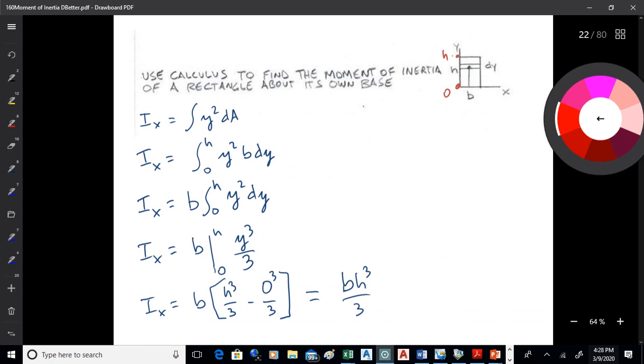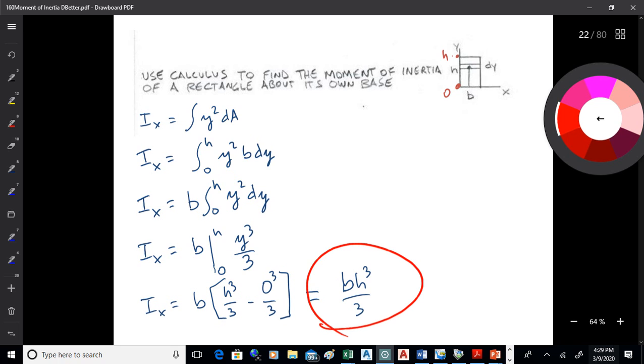So you take the integral of y squared dA again, which is y squared b dy, but going from 0 to h. The integral of y squared is y cubed over 3 times the base, so b h cubed over 3. Plug in the limits, and you get bh cubed over 3.